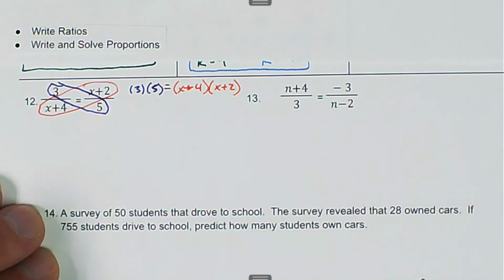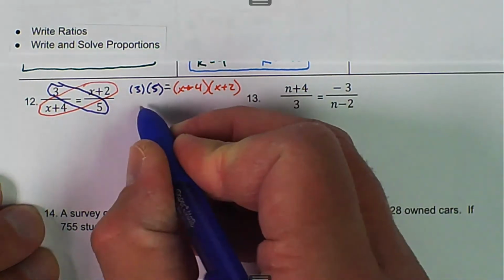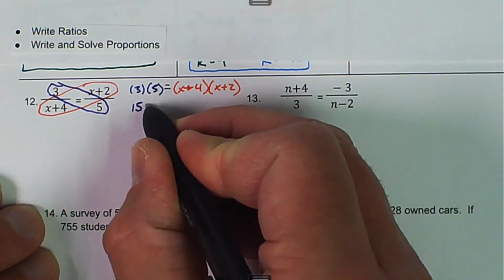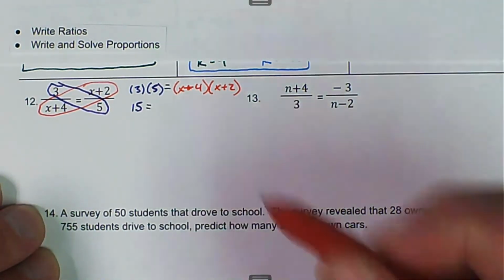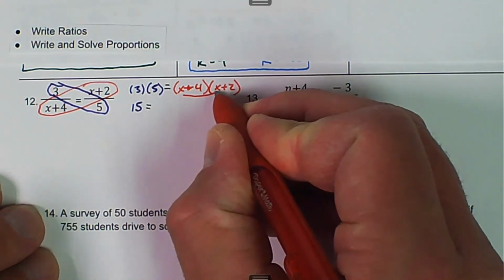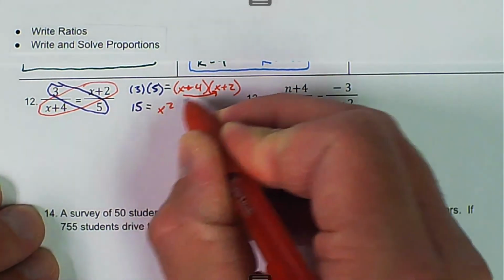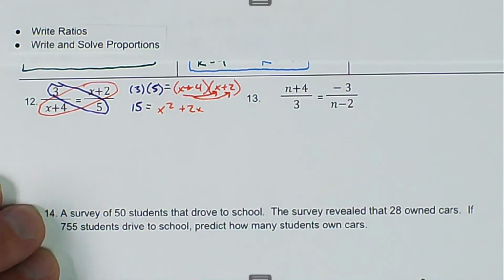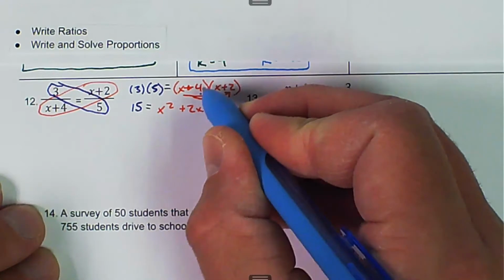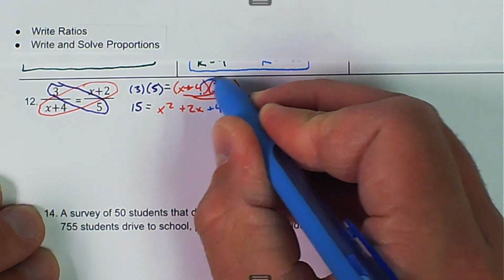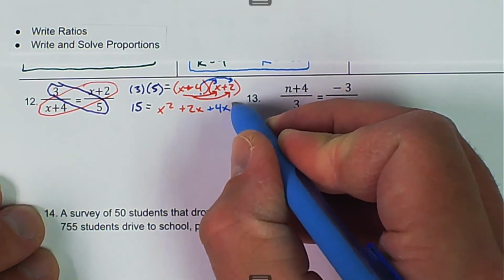So on the left side, that's pretty straightforward. 3 times 5 is 15, and that's going to be equal to x times x is x squared. X times 2 is 2x. 4 times x is 4x, and 4 times 2 is 8.